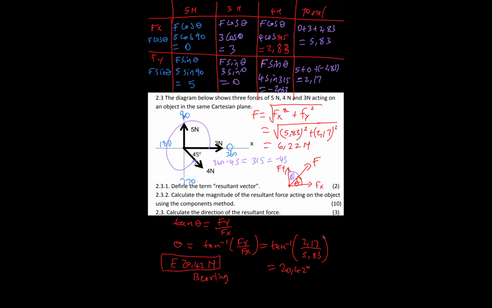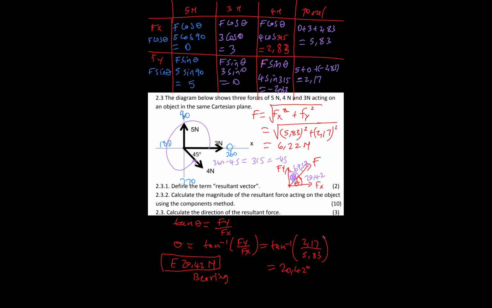This is the angle we're looking for, and this one is 20,42. So that angle is 90 minus 20,42, which is 69,58. We measure bearing from the positive y-axis, so that will be our bearing.